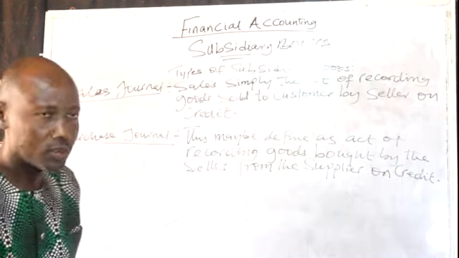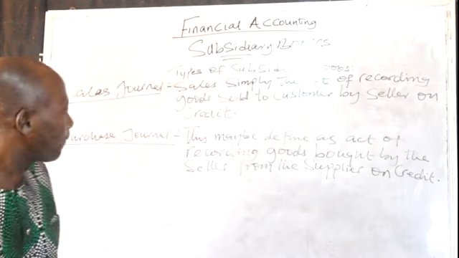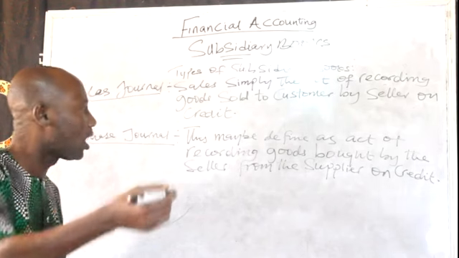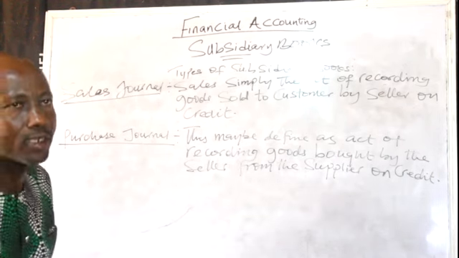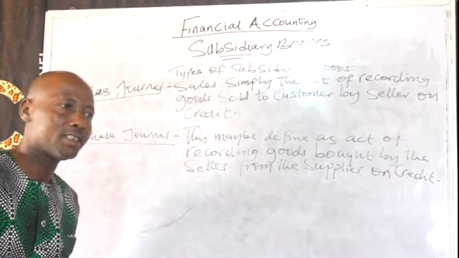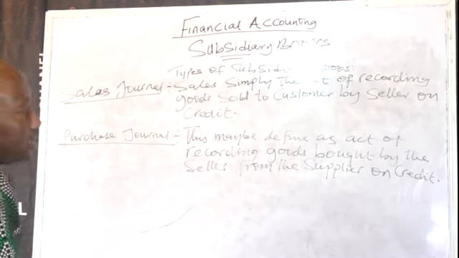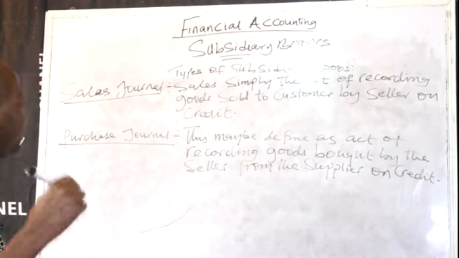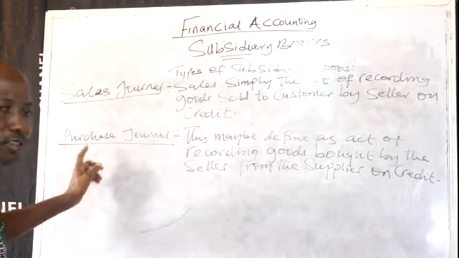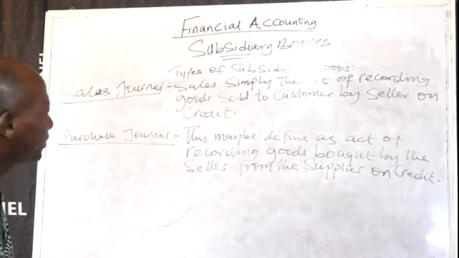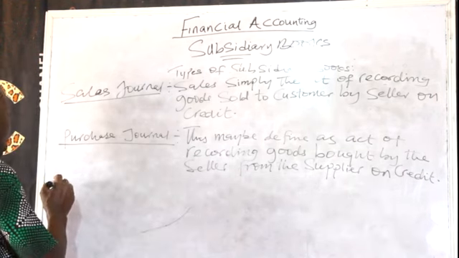That is, when the seller also goes to his supplier and purchases goods on credit, he defers the payment till a later date. The transaction will be recorded by the seller in purchase day book or purchase journal. Are you with me? Then, the next one is what?